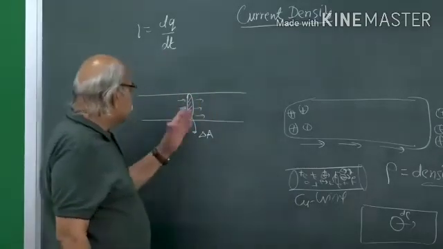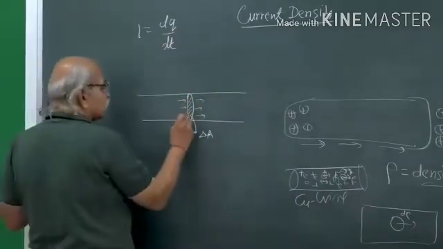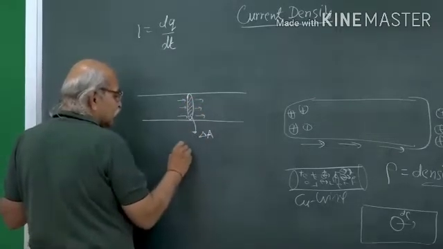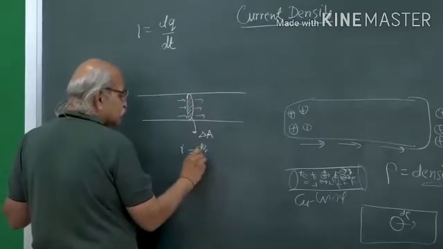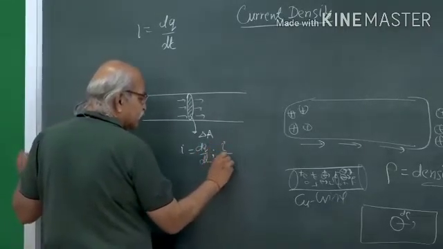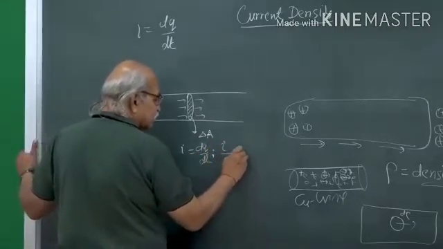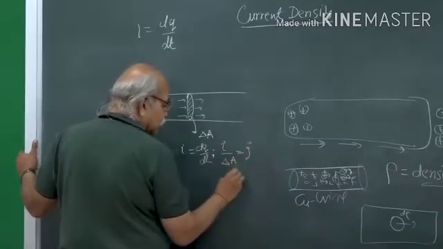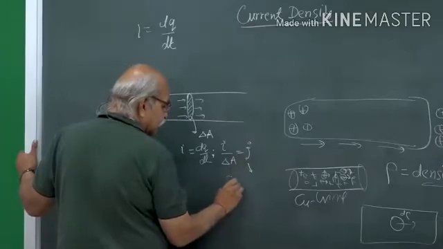Okay. So, if dq is a charge which is crossing this area in time dt, then your current is dq by dt, and this divided by delta A is known as J, and this is called current density.